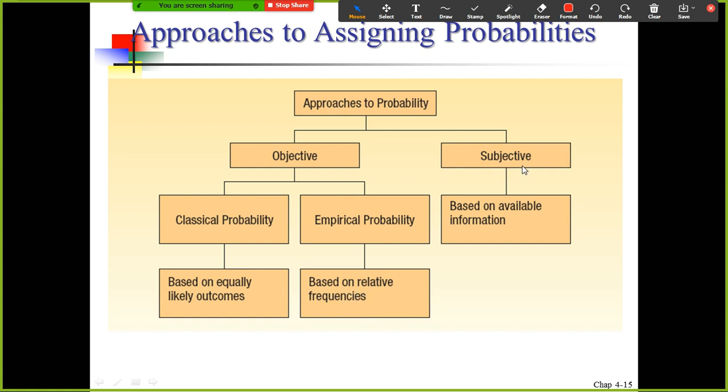Subjective probability is based on current information, current data used to calculate the probability of one event happening. So this is the summary of the approaches we use to calculate the probability of an event.